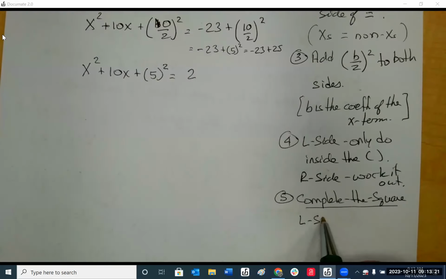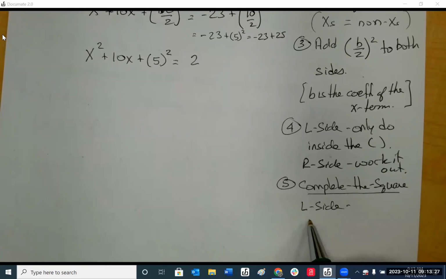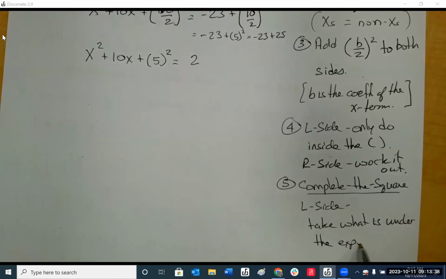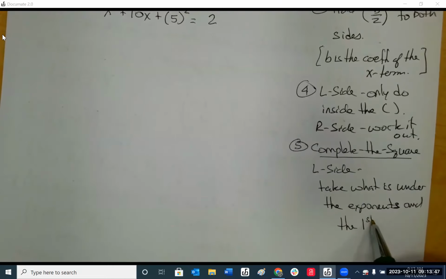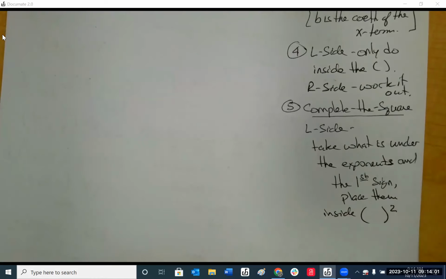On the left side, take what is under the exponents and the first sign, and place them inside parentheses squared.